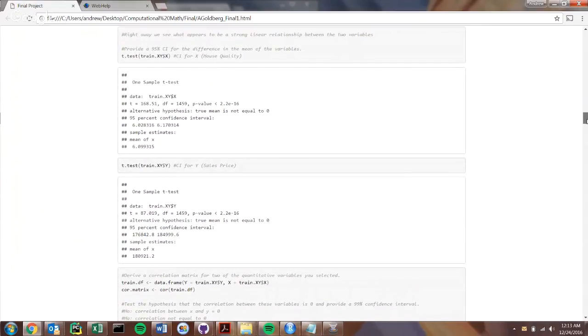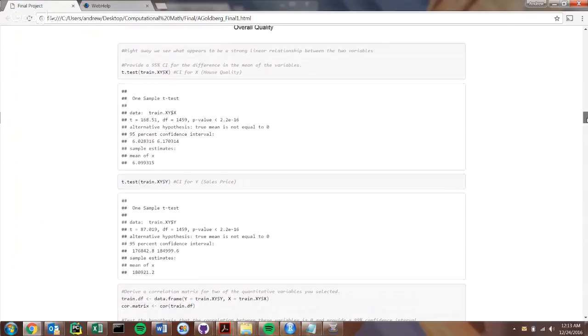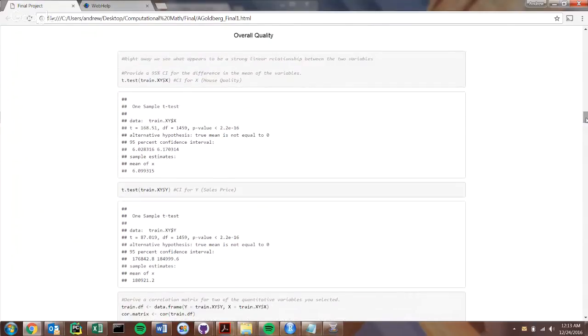Looking at the confidence intervals at 95% for the X, which is overall housing quality, it is between 6 and 6.1, with a mean of around 6.1.